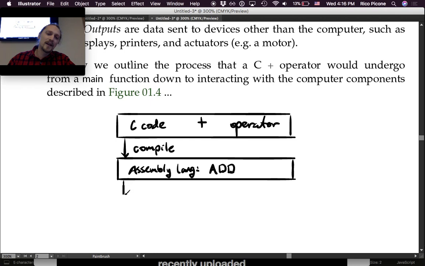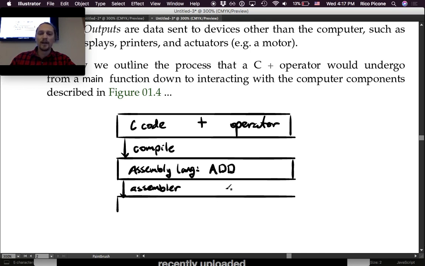And sometimes it's called the assembler. Sometimes a compiler will go all the way to machine code binary, but sometimes there's an extra step here called the assembler, where we, well, I guess assemble would be the right word to use there. Assemble into machine code.